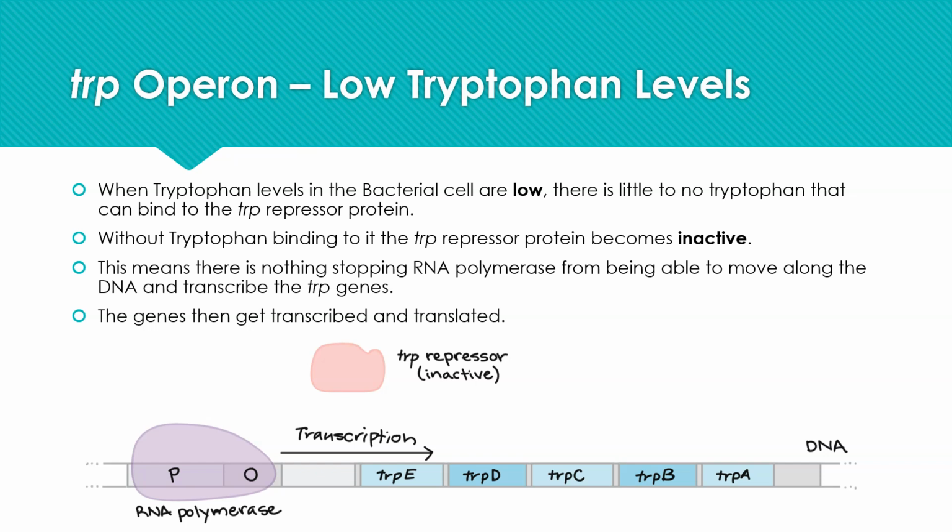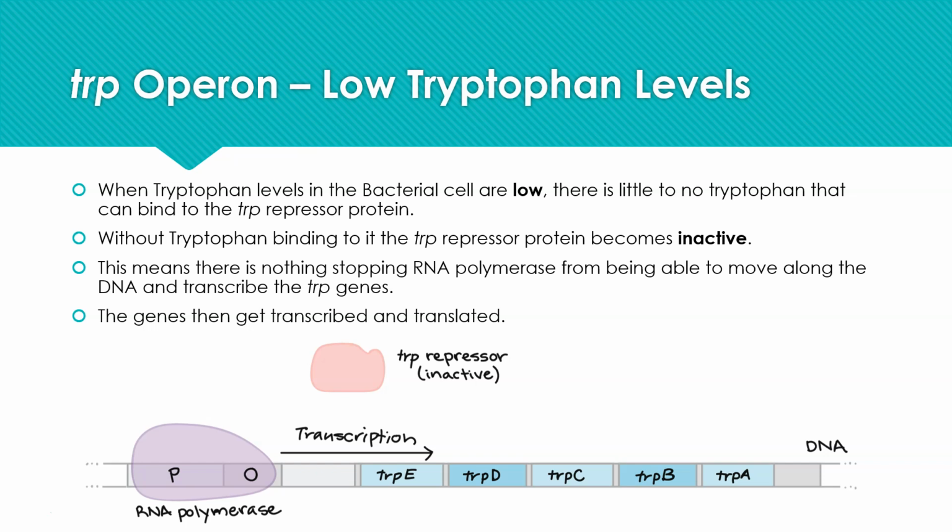So you can kind of see there's a bit of a cycle happening here. If you have low levels, you end up having RNA polymerase do transcription of the TRP genes. They end up producing the proteins. They make tryptophan. As they're making tryptophan, the tryptophan levels increase until you get to the point where you have high tryptophan levels.